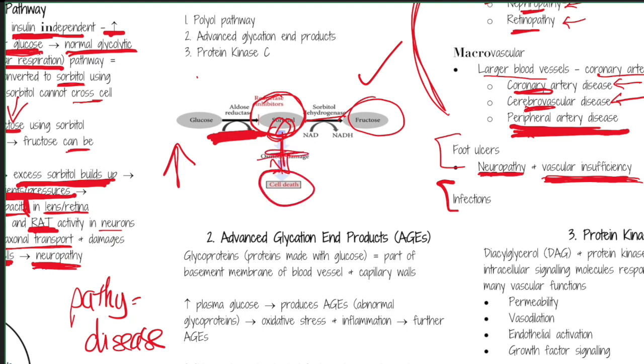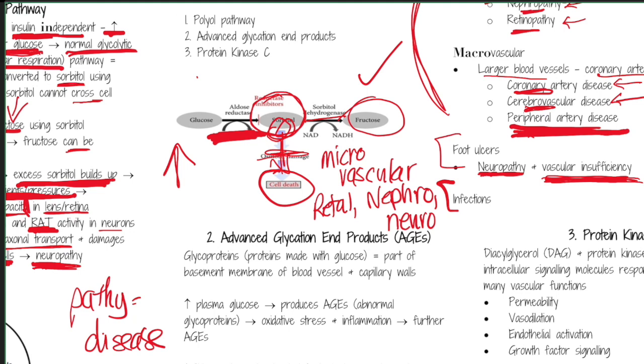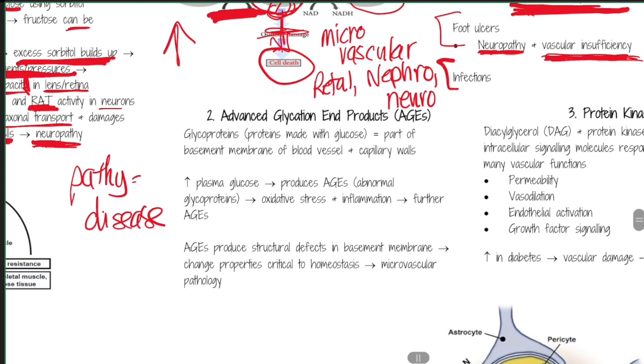Okay, and that happens in all of your microvascular areas of complication. So I know I'm repeating myself, but I just don't want you to lose marks. So your 3 microvascular areas are going to be retina or retinal, kidney, and neurons. Okay? So we'll talk a little bit about that again, but let's go to the second kind of theory.